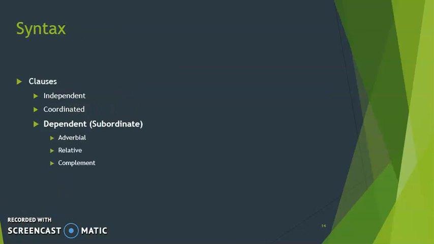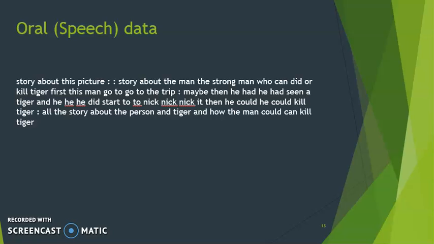Okay, moving on to dependent clauses or subordinate clauses. Adverbial, relative, and complement are possibilities. We're going to focus on the subordinate clauses. So we can see that there are, for instance, the subordinate conjunction who for the relative clause here.